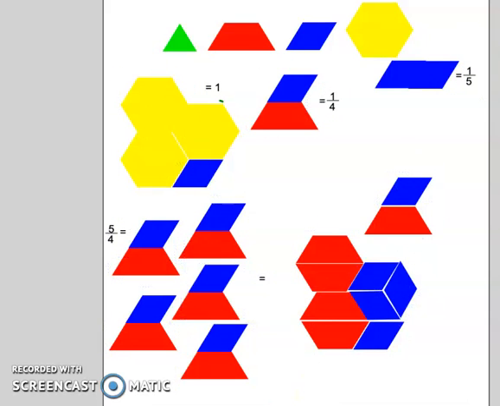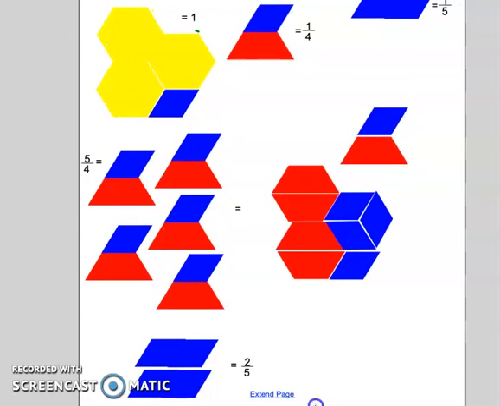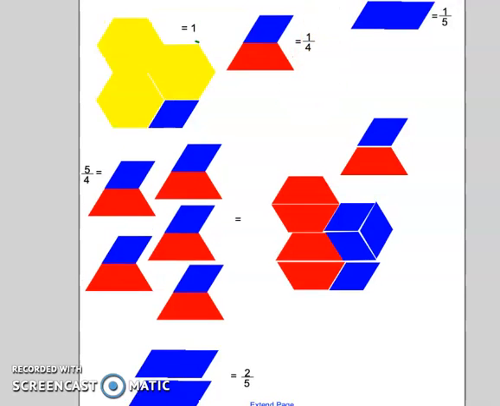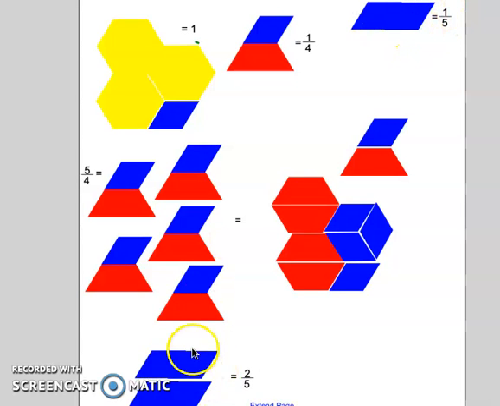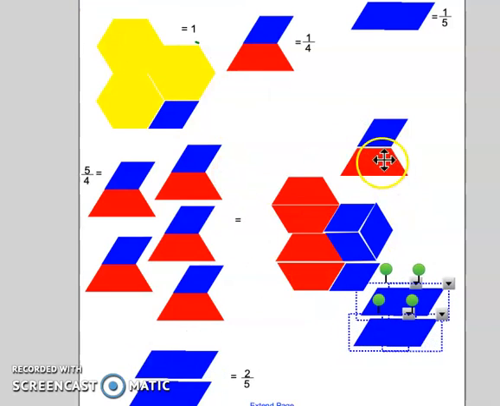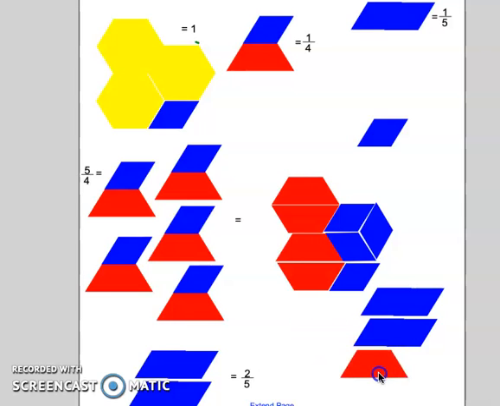We can then scroll down so that way you can see just a screen. Our 1/5 here, we just do 2 of them to make 2/5. So here we have 5/4, and now we'll take our 2/5 and we'll put them all together. And now we can figure out our sum.